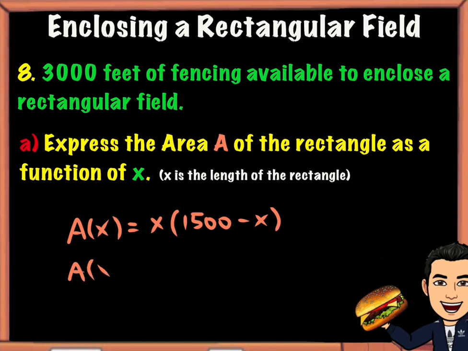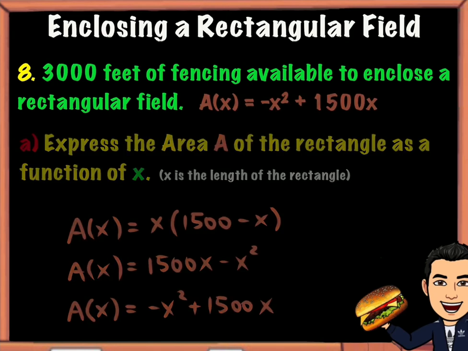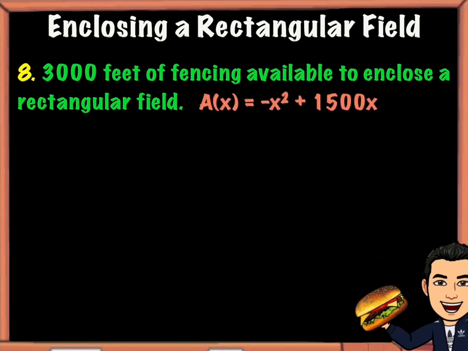So A of x is going to equal 1,500x minus x squared. Put in the standard form, this will be A of x is equal to negative x squared plus 1,500x. And let's go ahead and keep that function, A of x.